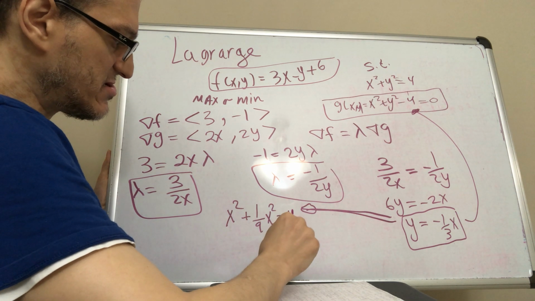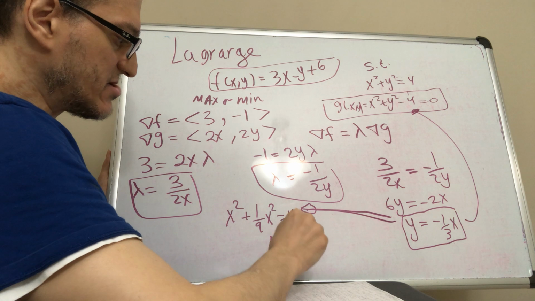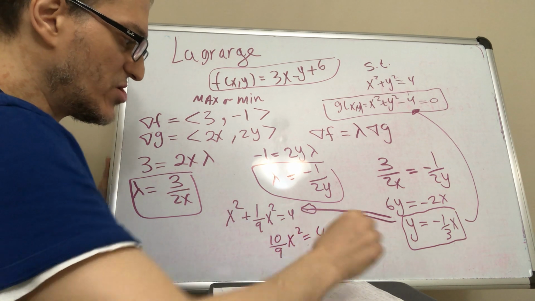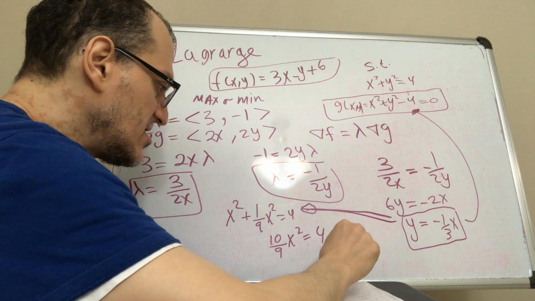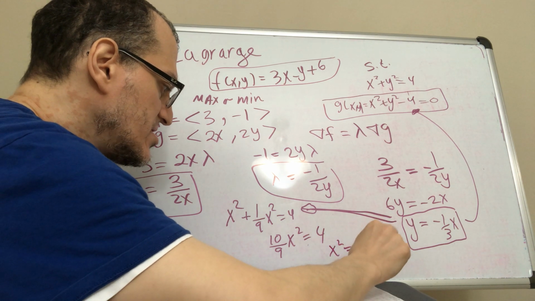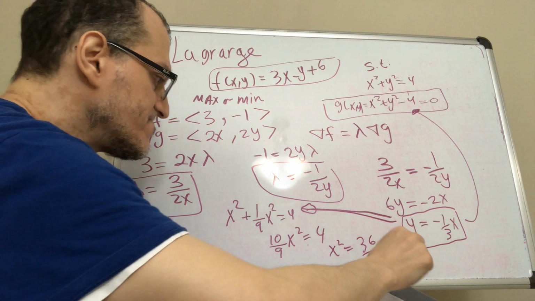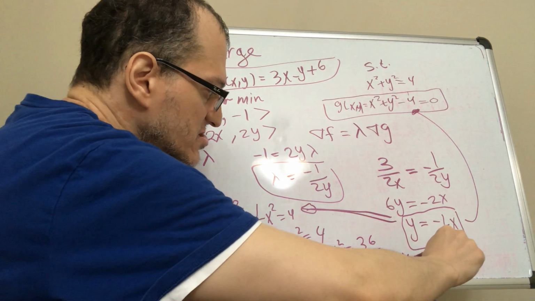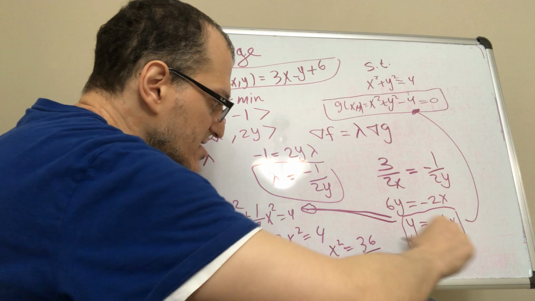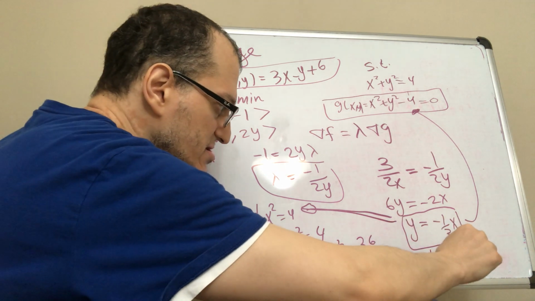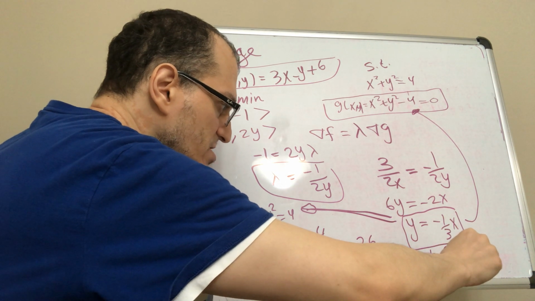This plus this is 10 over 9 x squared equals 4, which is x squared equals 36 over 10. Then x equals, you square root, so positive, negative, square root of 36 over square root of 10.